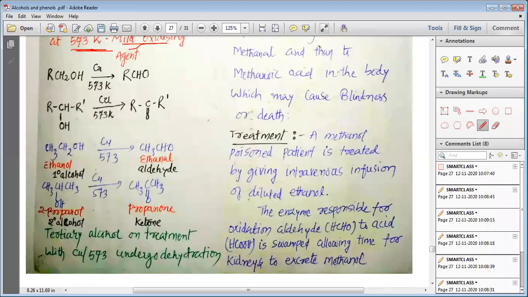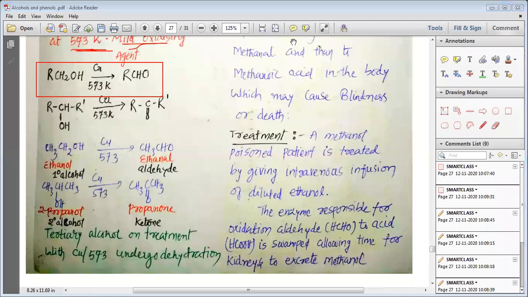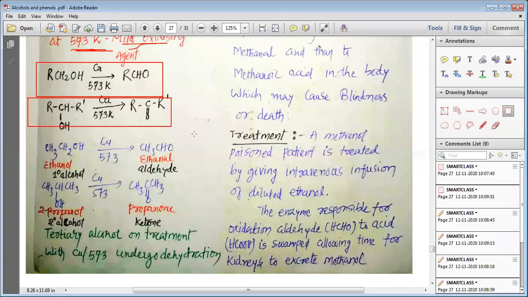You can easily see from this reaction that RCH2OH is converted to RCHO in the presence of Cu at 573 K. Same way you can see here that a secondary alcohol can be easily converted to ketone with Cu at 573 K.